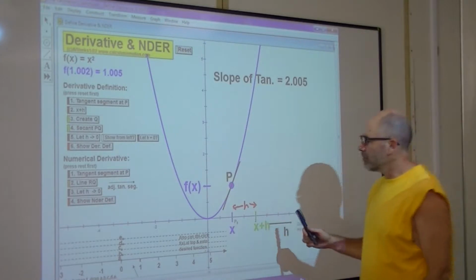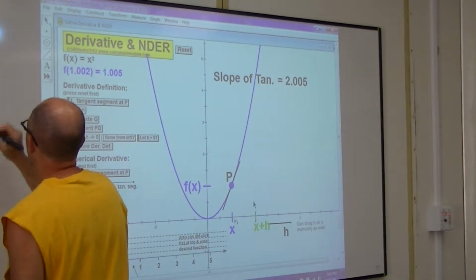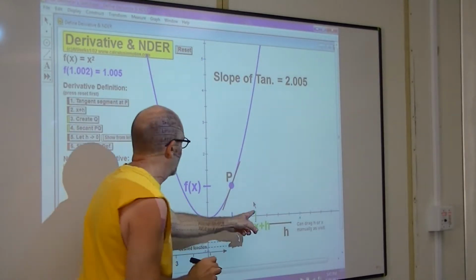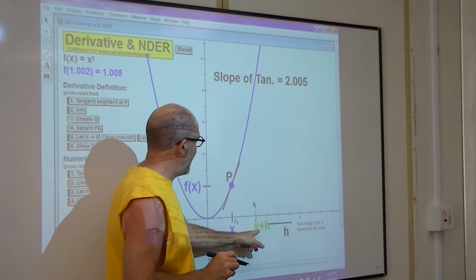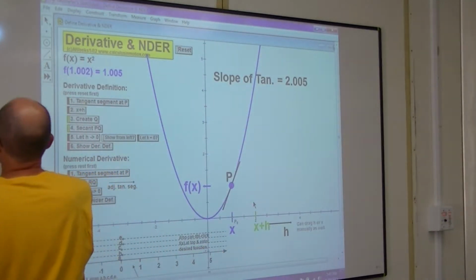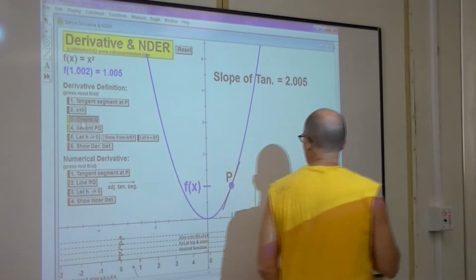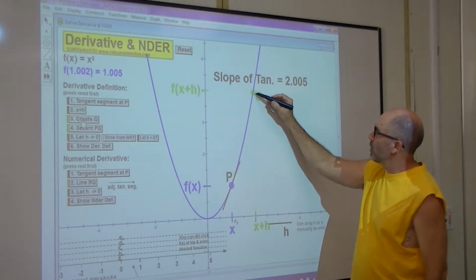Now, next thing I want to do is create a point that's got the x value of x plus h. So my x value would make the point right here on the curve.